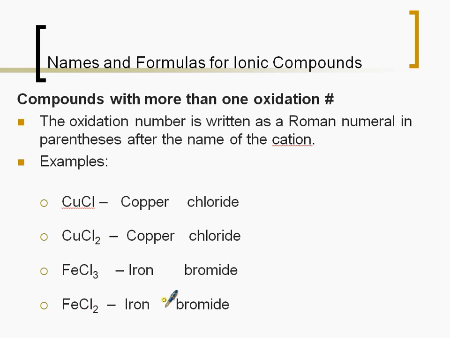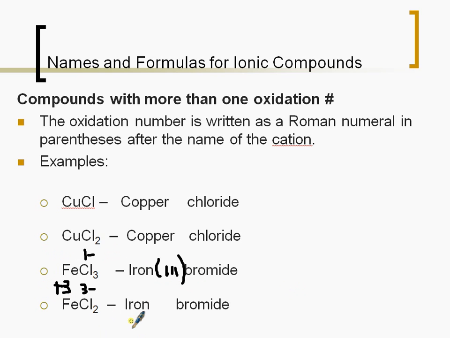In another example, I have FeBr3. I know that bromine is a -1 charge, so the total minus charge is 3-. I only have one iron, so it has to be a +3 to cancel out. So in this case, it's going to be iron Roman numeral 3 bromide.